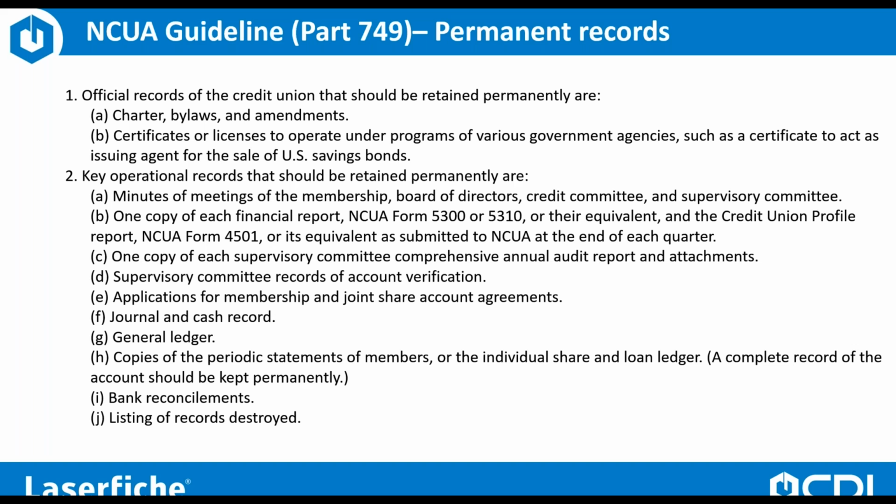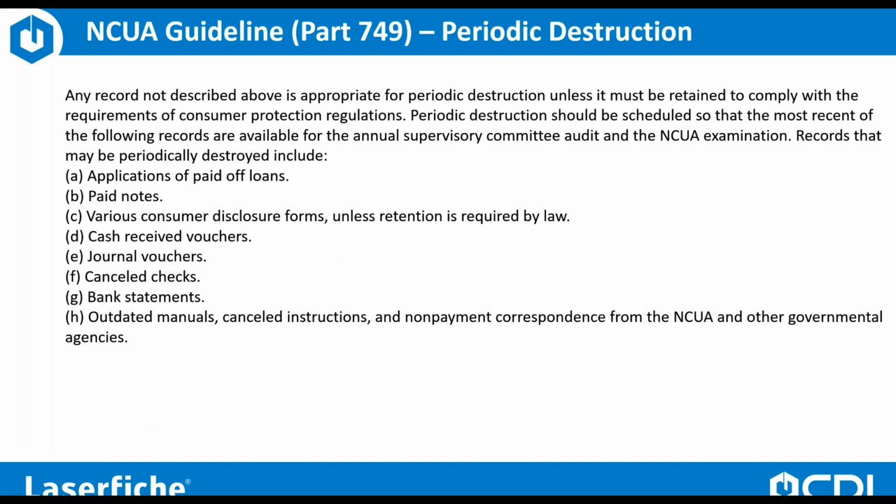So let's look at which records can actually be destroyed. Any record not described above is appropriate for destruction, unless it must be retained to comply with requirements of consumer protection regulations. Now remember, your guidelines are regulated by your local state or local country, so you'll always want to follow those. Also, your board approves which documents can be destroyed and what their retention policy is.